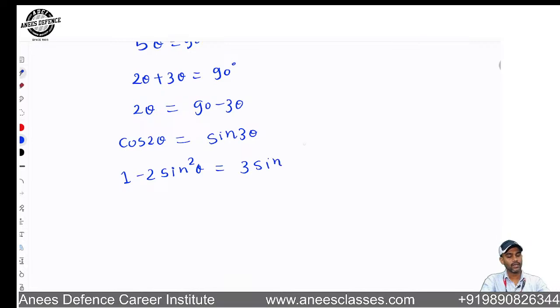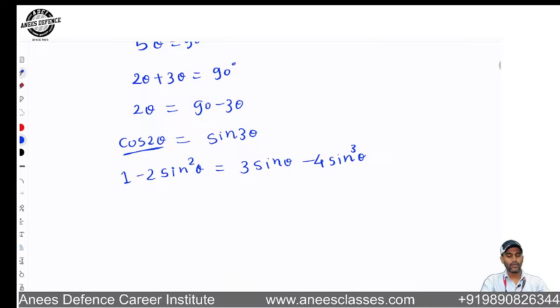What is the formula for sin 3 theta? 3 sin theta minus 4 sin cube theta. Yes or no? Is there any doubt? Now, can I put sin theta as t?